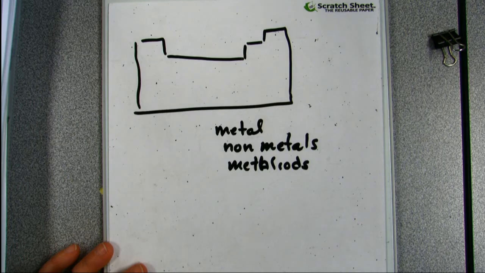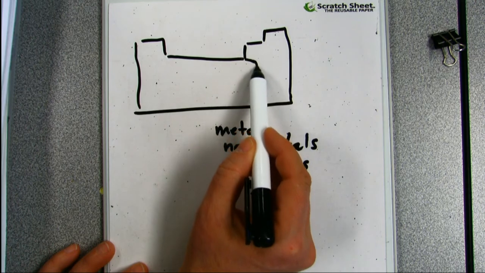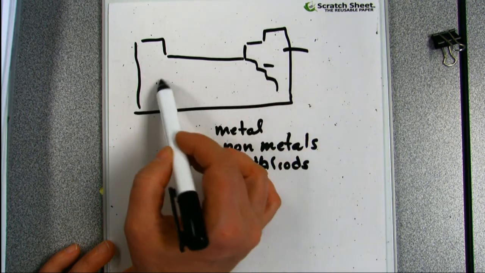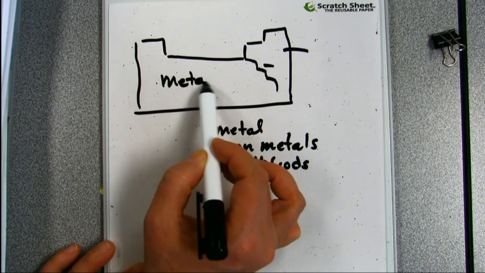Metals. Right? And if I draw it, here's my transition line. It's right in through here. These are my non-metals up here. My metalloids are right here. And the rest of this sucker are metals.